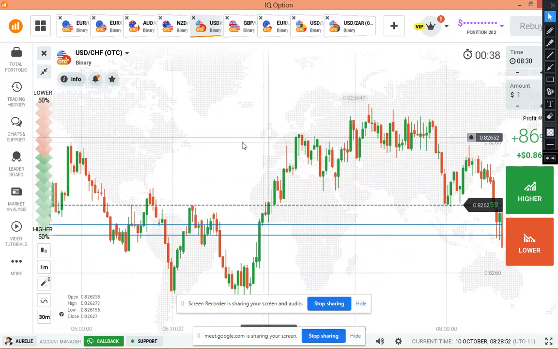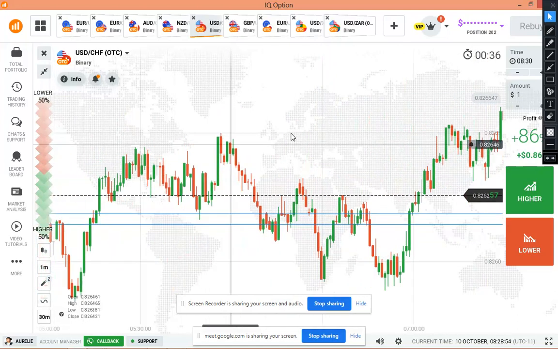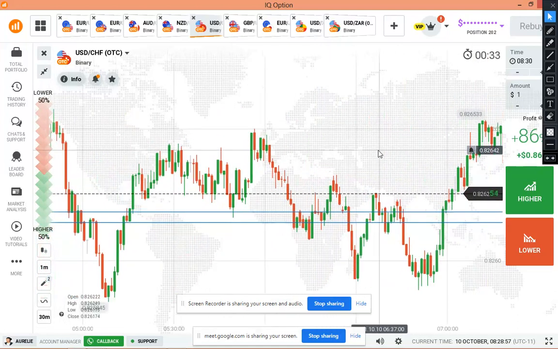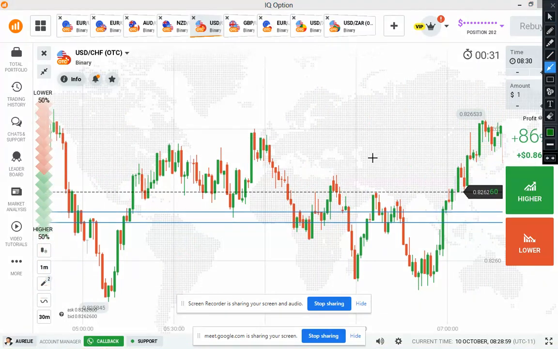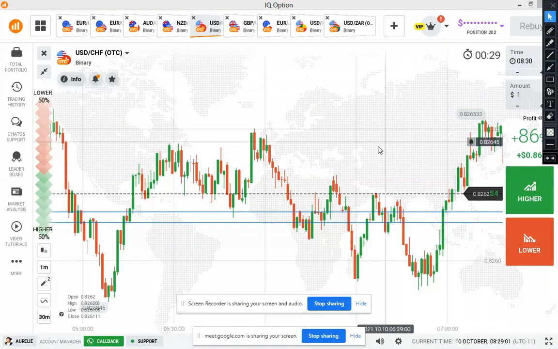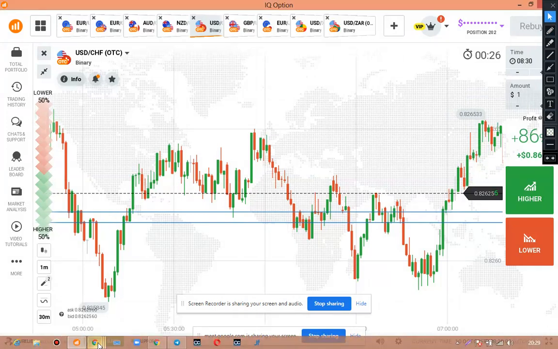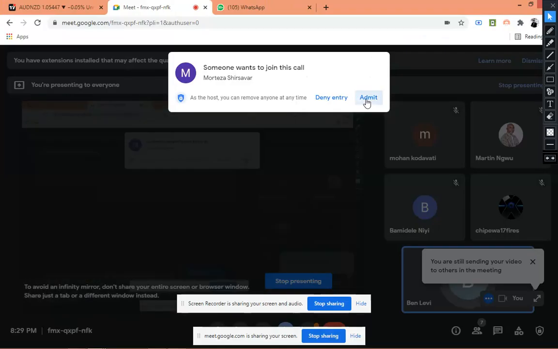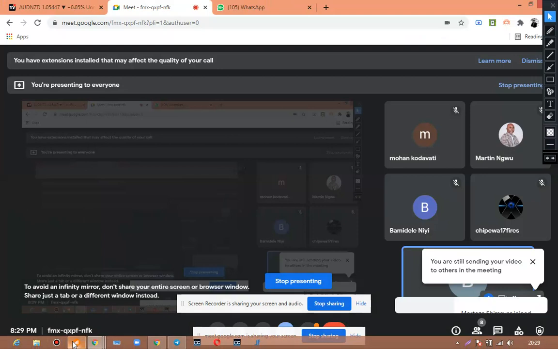If you can just show us one more way, the way you do it to identify, because there are so many levels. How do you recognize, how do you confirm that this is the actual level that is working, that is the reversal zone? Thank you, sir.